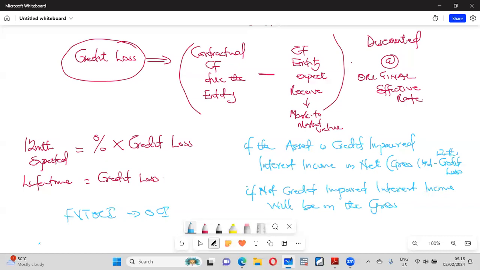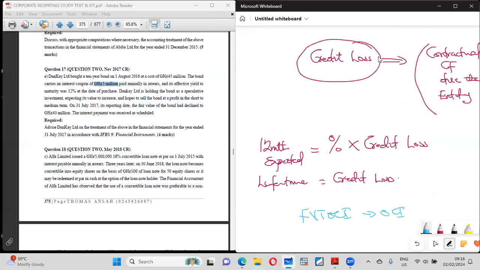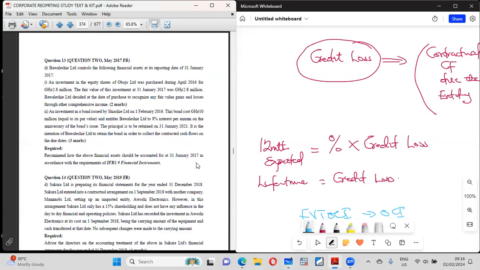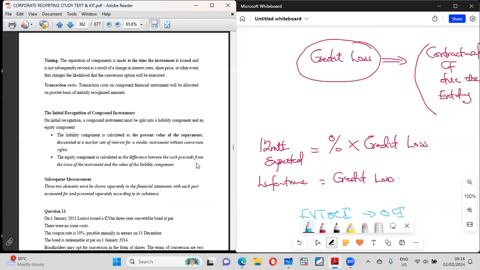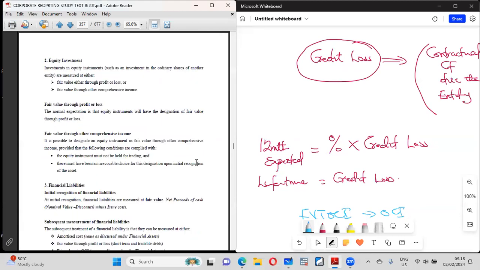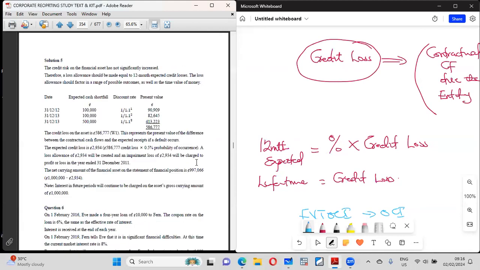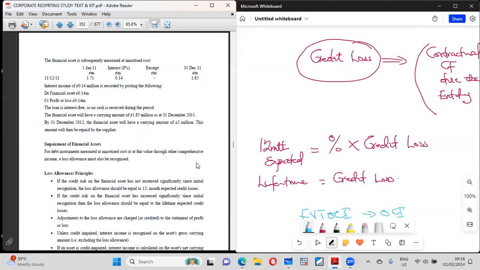You cannot reduce the carrying amount of the asset. The loss should go to the OCI. So let's pick up a question to see how this calculation is done, then we will do the derecognition, then we move.